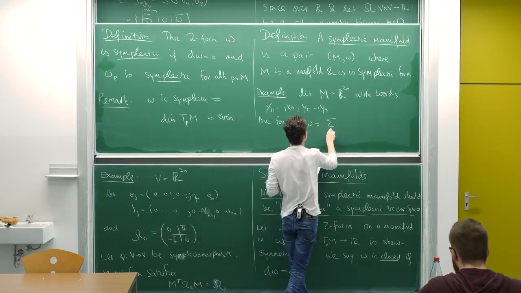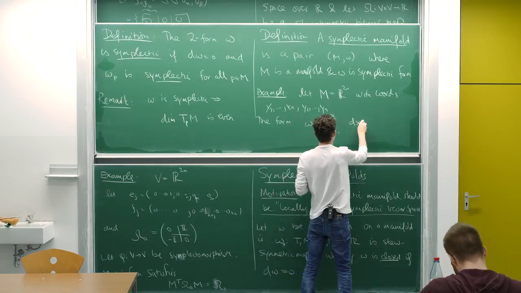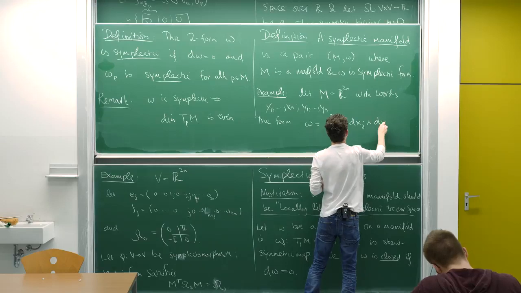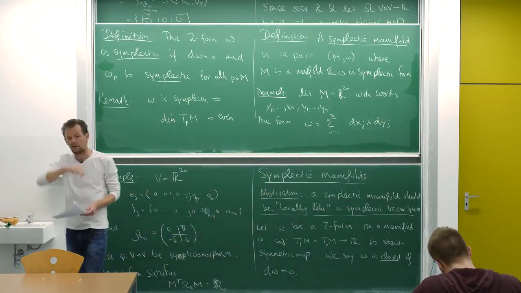And we can now introduce a two form that has all the properties we need, namely just wedge up the dx's and the dy's.